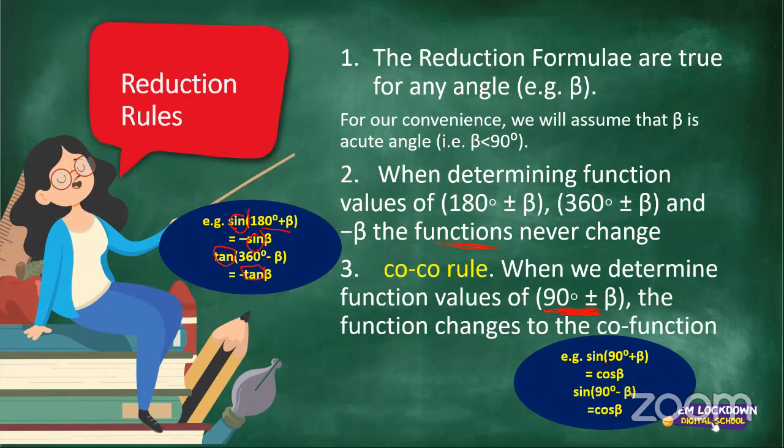We are saying that sine of 90 plus beta changes the function completely to cos beta. Remember, cos is the co-function for sine, and equally, sine of 90 minus beta has changed our function to cos beta. Hoping that makes sense, but as we go along, we will see that in play.